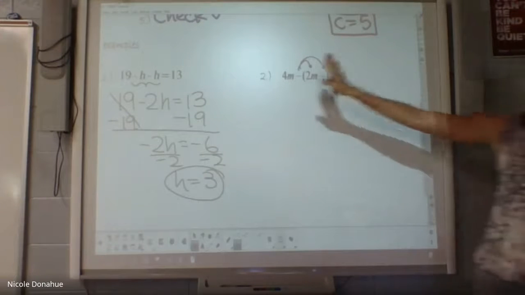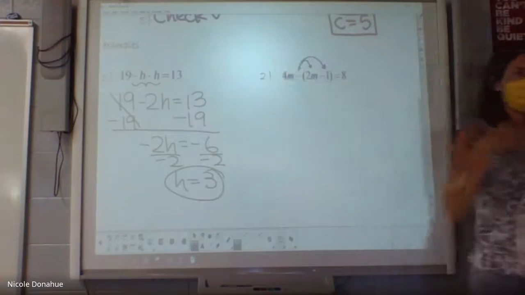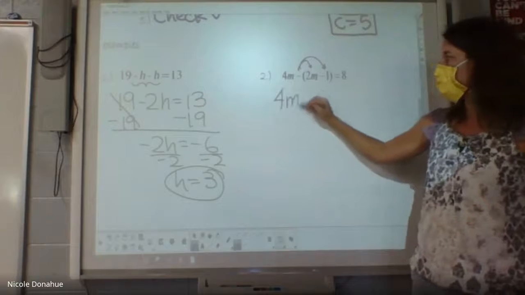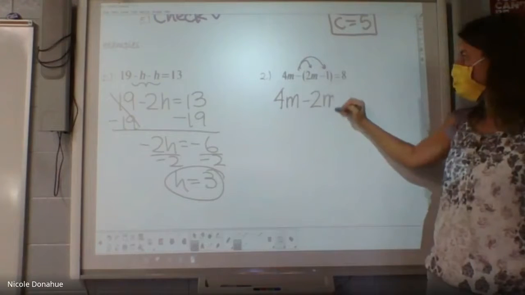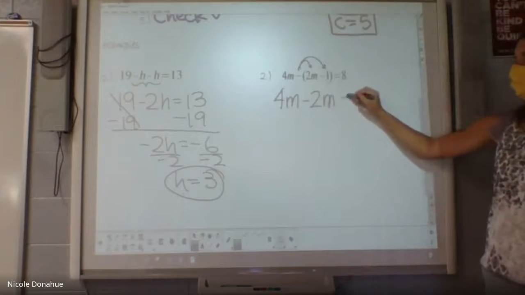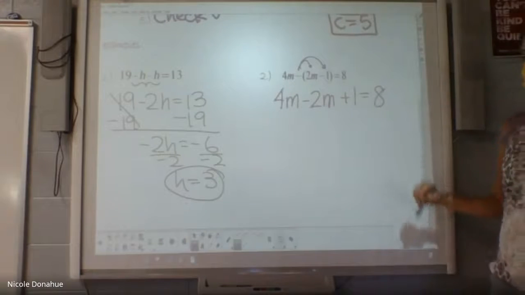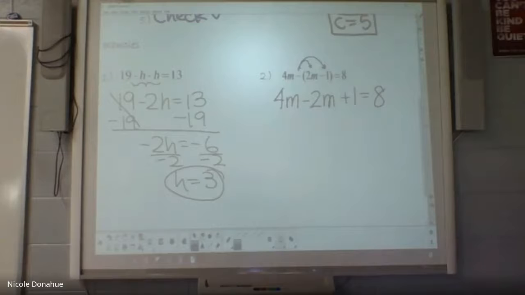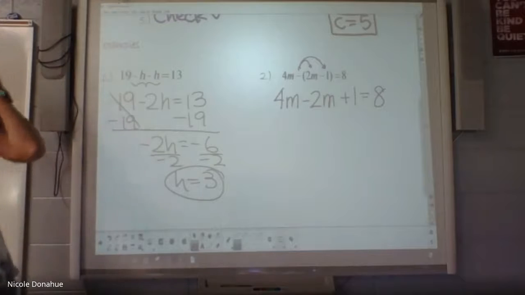Because if I took that 4m out of this problem, it still is a problem that I'm able to distribute there. So we get 4m, this becomes a minus 2m, and then this becomes a plus 1. So it changes both of those signs. If you didn't do that, you might have made a little mistake there. Not a huge thing, but obviously going to change your answer.